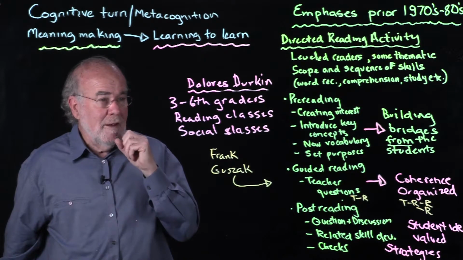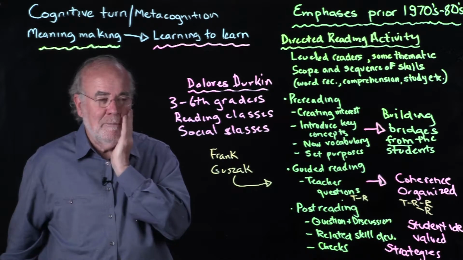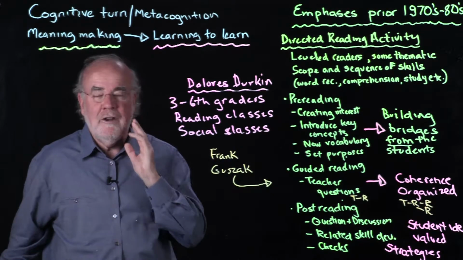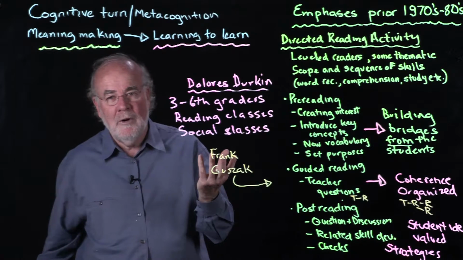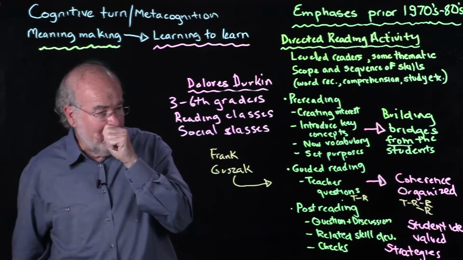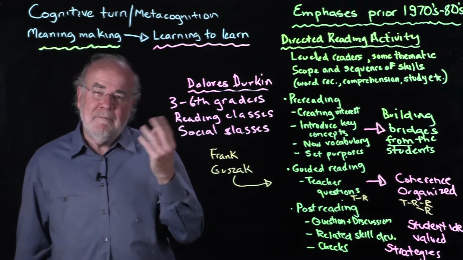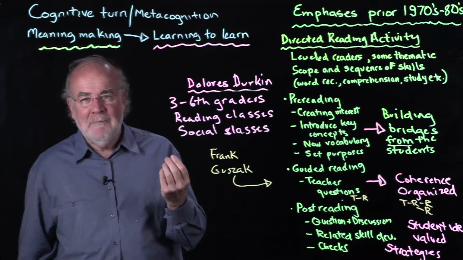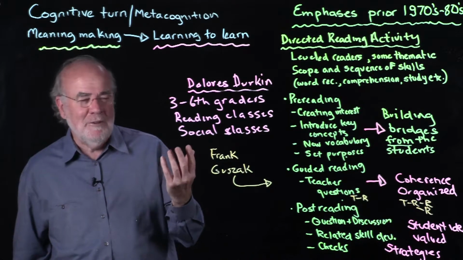And Dolores talked about and showed instances of what she had found and how disappointed she was in the quality of what might be presented as reading comprehension instruction. But then when she went to present what she thought was an alternative, people were also disappointed in what she was presenting.